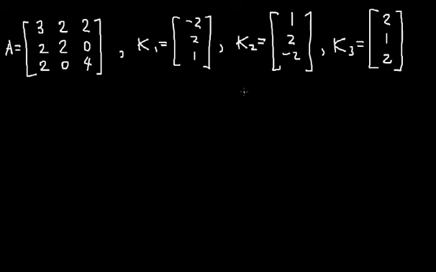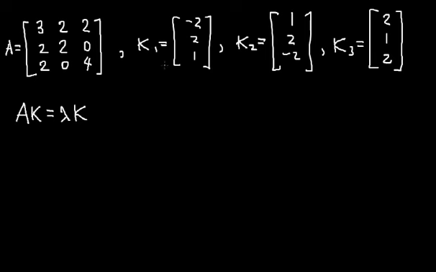Okay, so how do we carry out the first task, which is to verify that these column vectors are eigenvectors of the matrix? Well, what is an eigenvector? It's a non-zero vector k such that A times k is equal to lambda times k for some real number lambda.